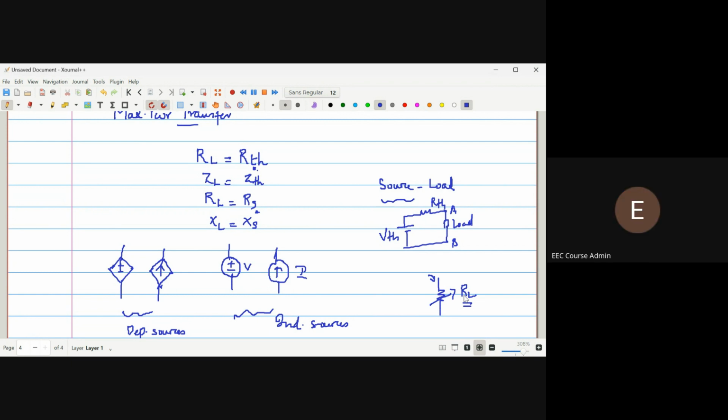Yeah, Muthu. Actually, what you are asking is why can't we take load resistance greater than Thevenin resistance to get more power, right? No, why can't we take load resistance lesser than RTH to get high power, so that we can have higher current?